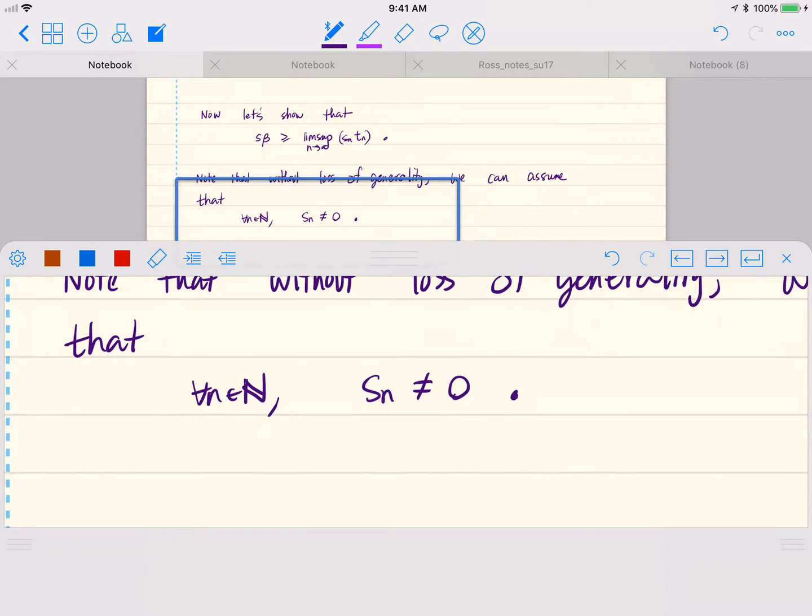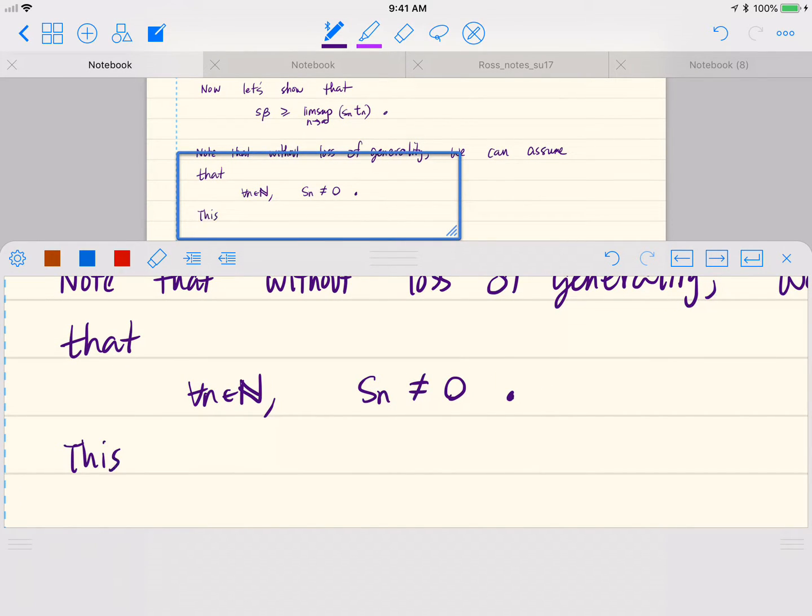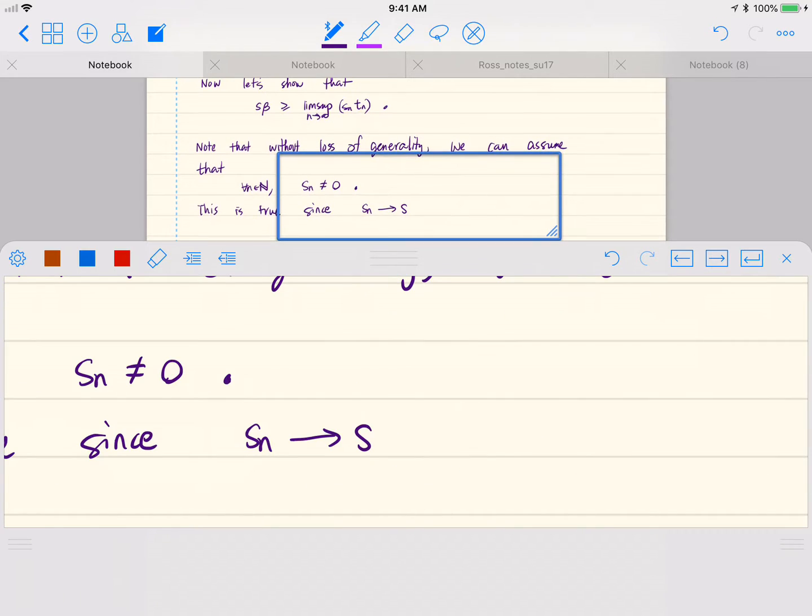Why is this true? This is true since Sn goes to S, and S is a positive number.